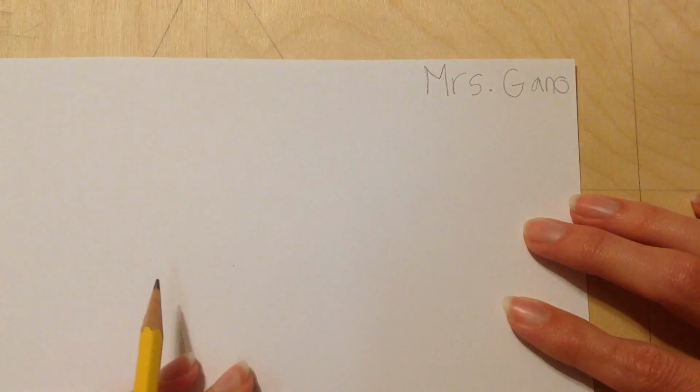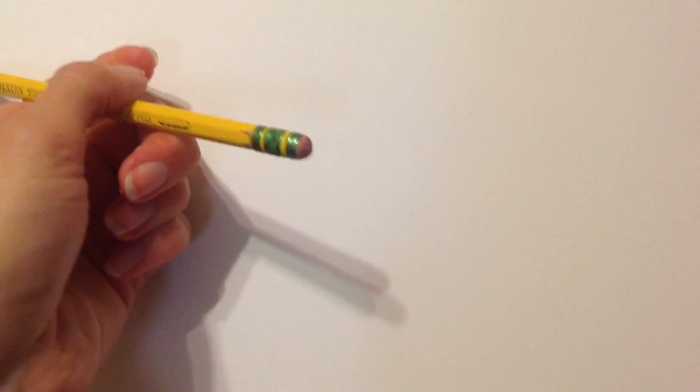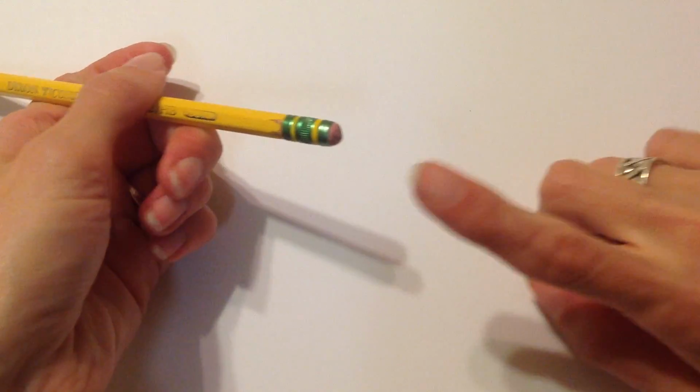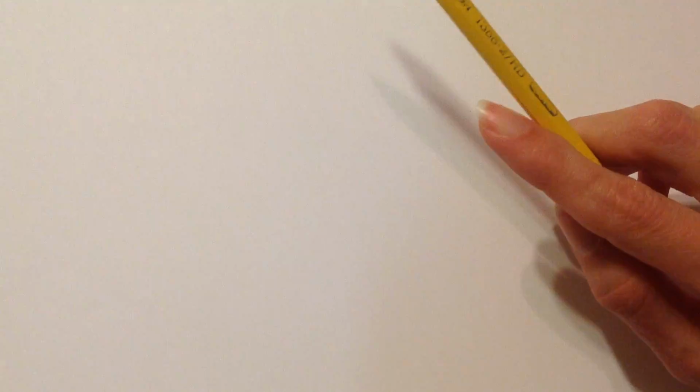Okay, for our project today, we are going to need a piece of paper that is horizontal, a pencil with an eraser. Okay, your eraser can be separate from your pencil, and you will also need some markers.